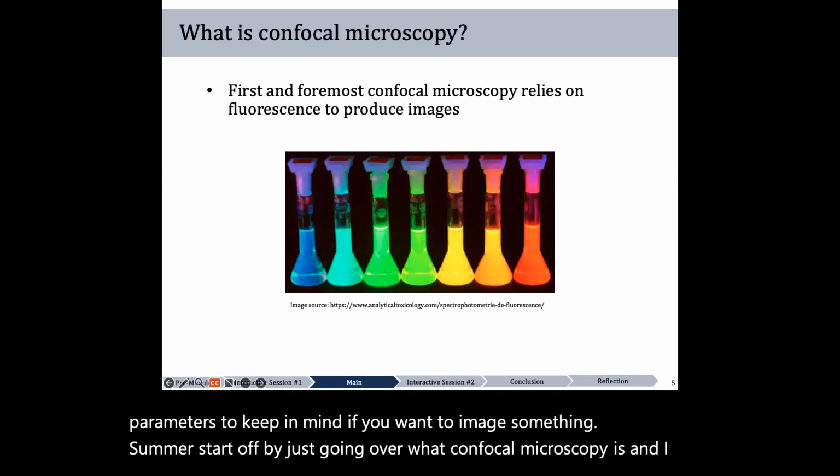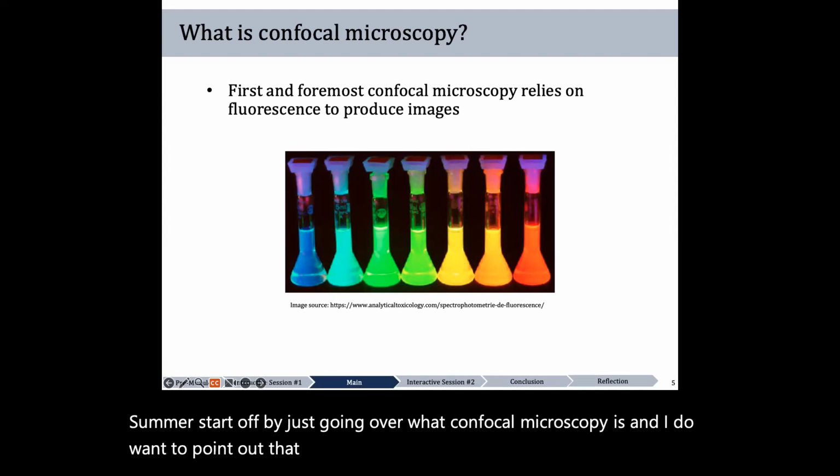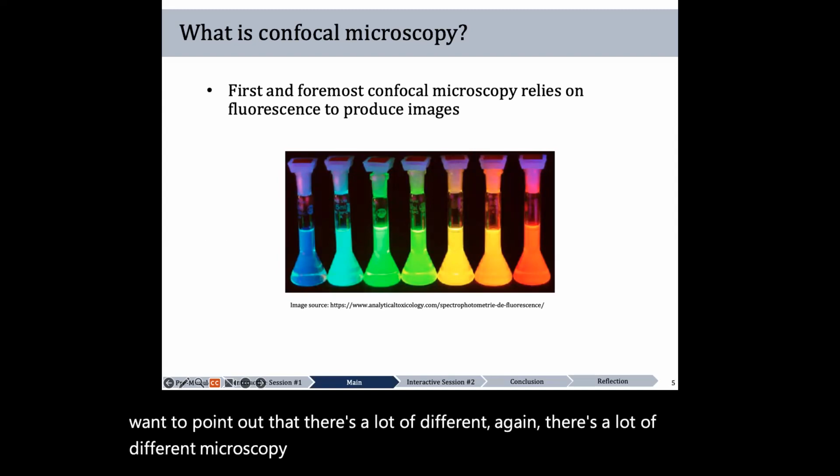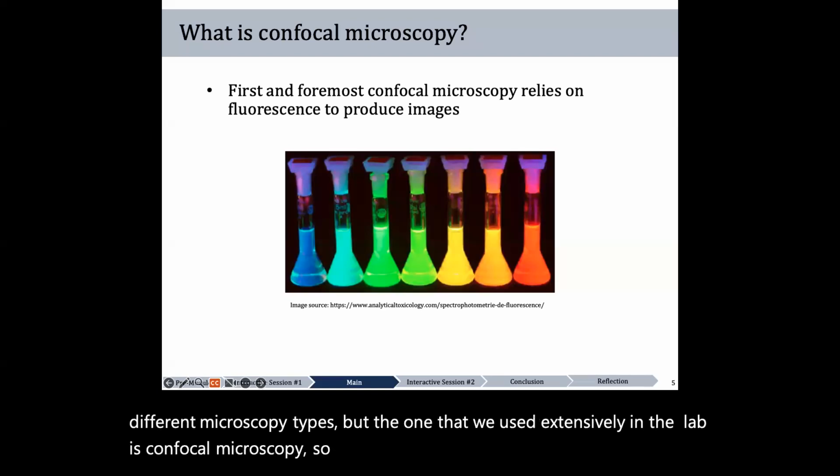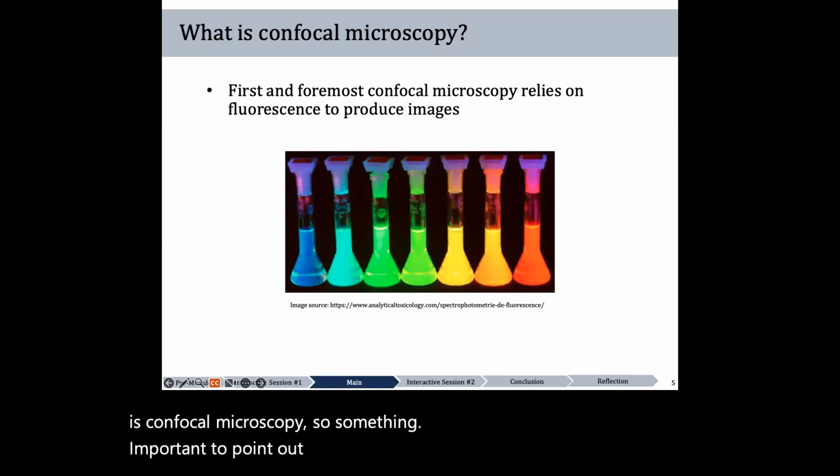I do want to point out that there are a lot of different microscopy types, but the one that we use extensively in the NANS lab is confocal microscopy. Something important to point out here is that confocal microscopy relies on fluorescence to produce images.